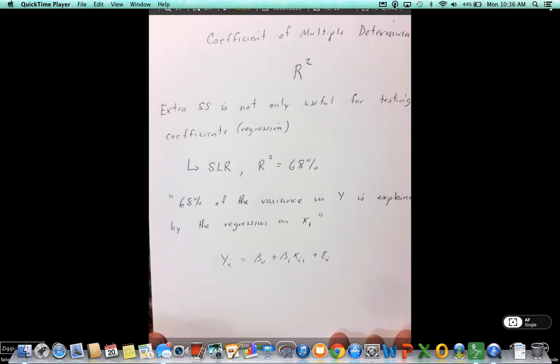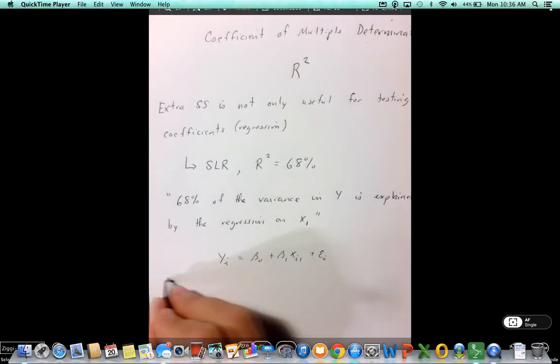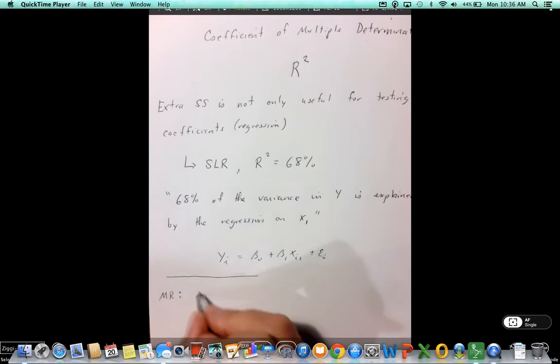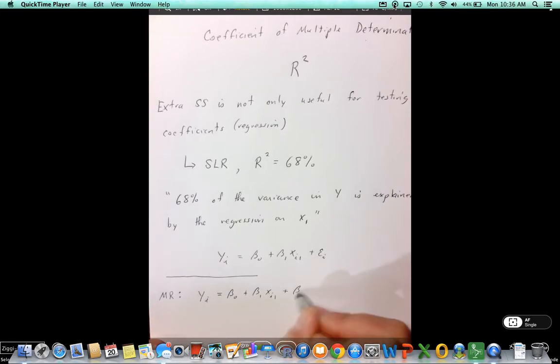Now, slightly more going on when we get into the multiple regression case. So, guys, for the multiple regression model, let's assume that we have the full model being, oh, I don't know, we can start out with as many predictors as we want.